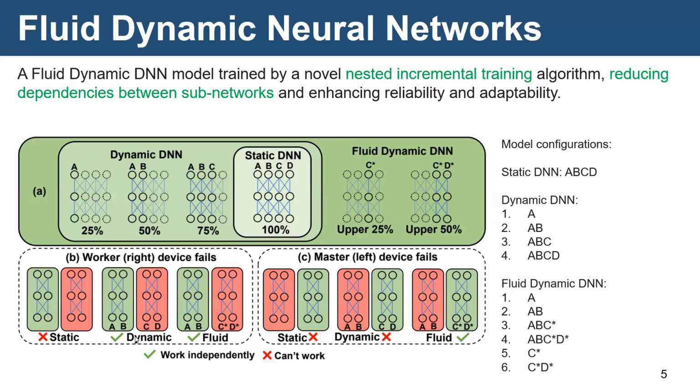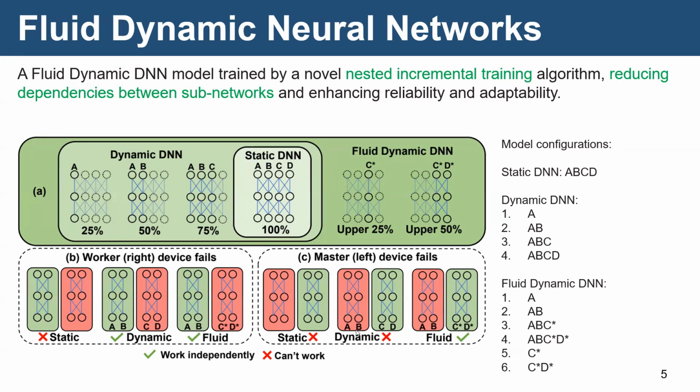For dynamic DNN models, when the worker device fails, the master device can run a smaller model, basically the bottom 50% or bottom 25% of the model weight, to do inference. However, when the master device fails in dynamic DNN models, the upper 50% of the model weight cannot be used for inference, hence causing another failure.